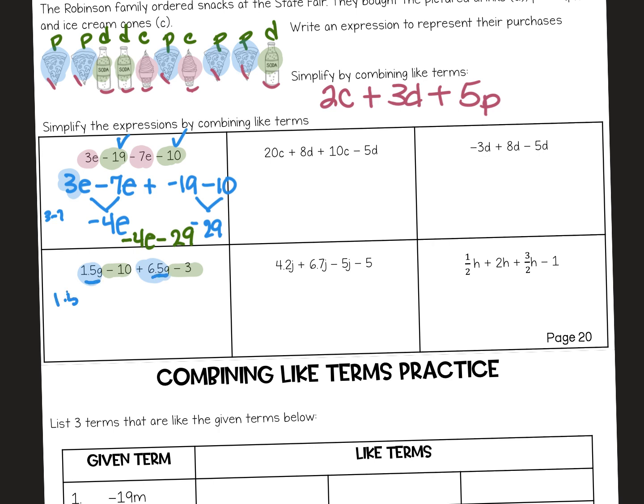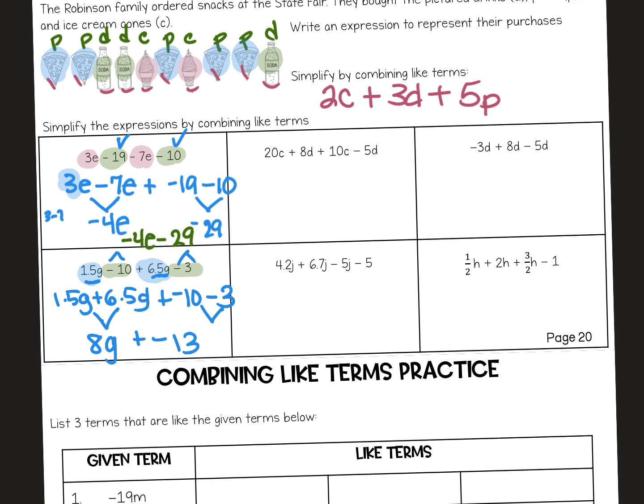So I have 1.5G plus 6.5G, and 1.5 plus 6.5 is 8G. And I have negative 10 and negative 3. Negative 10 minus 3 gives me a negative 13.